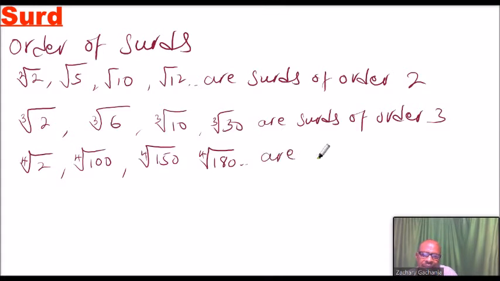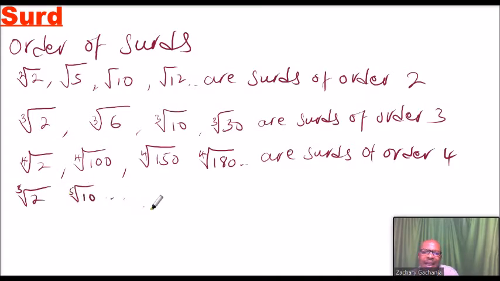These are surds of order 4. Then we have the fifth root of 2, the fifth root of 10. These are surds of order 5. So this number is the one that determines the order.